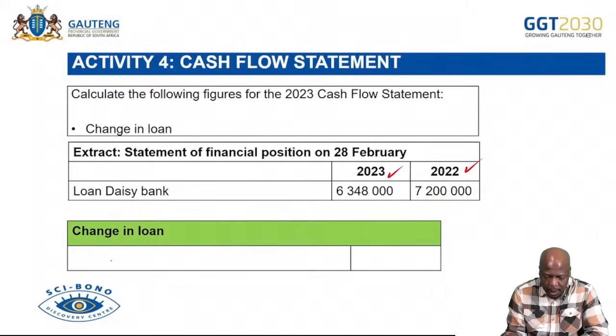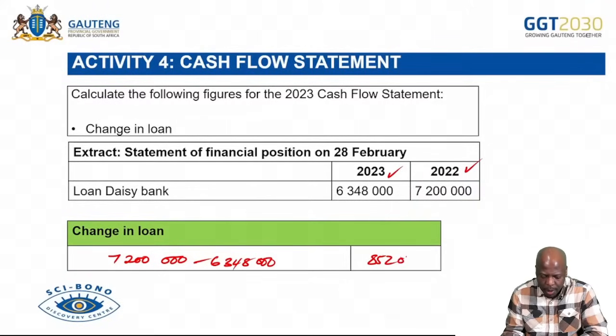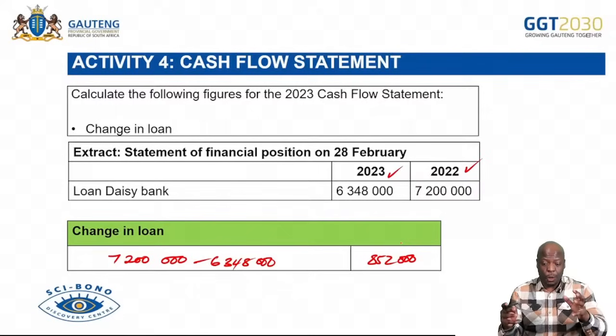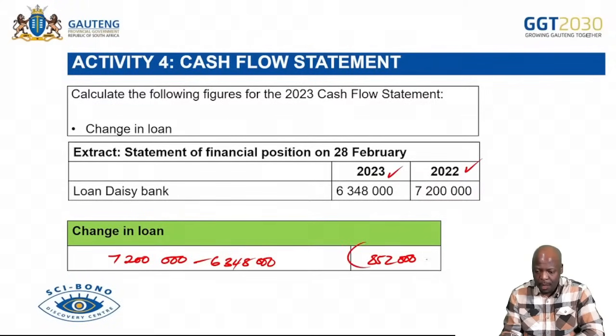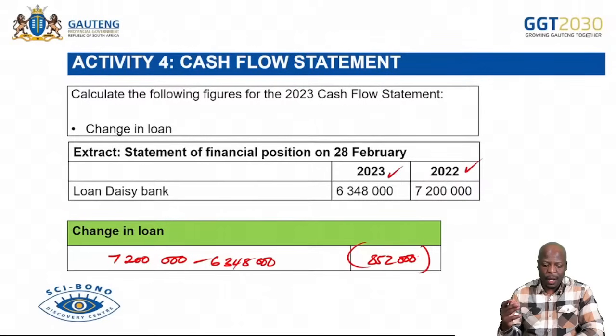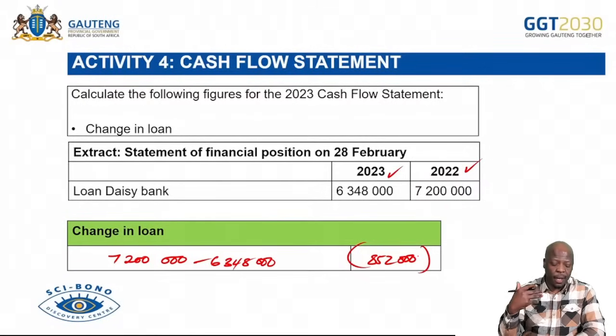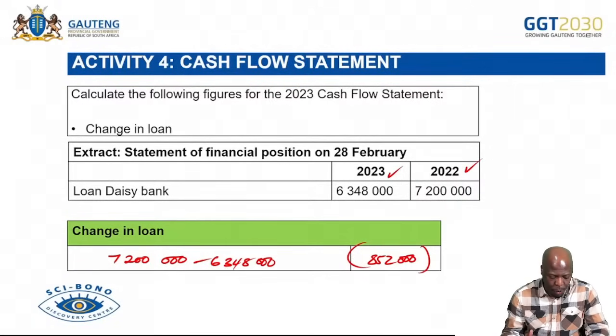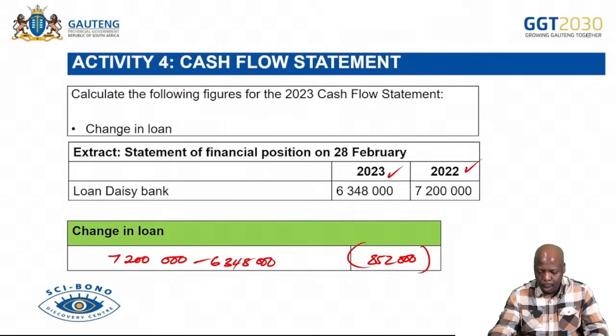So you would say your 7.2 million minus your 6,348,000, and therefore your change in loan would be 852,000. If you're preparing the cash flow statement, this amount must be in brackets because a decrease in loan means a cash outflow. You have paid the loan.